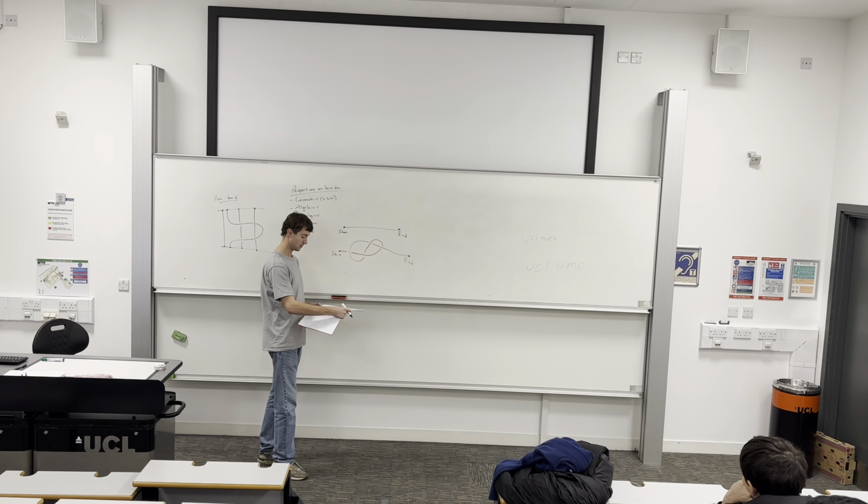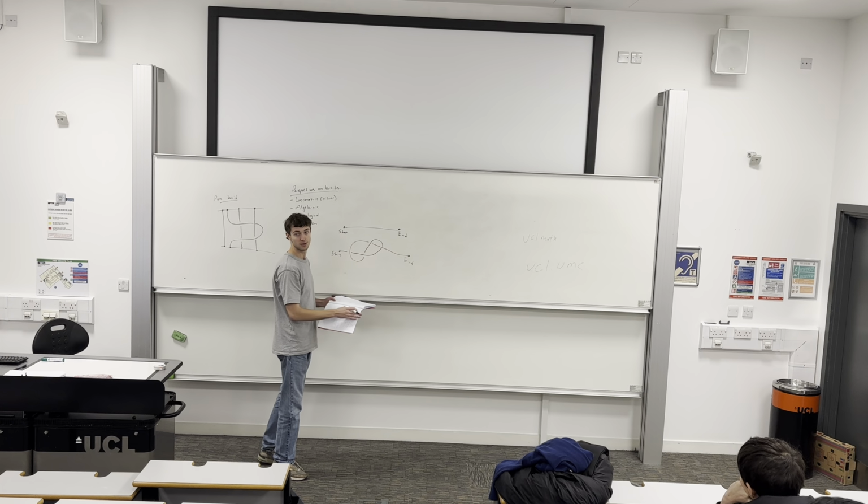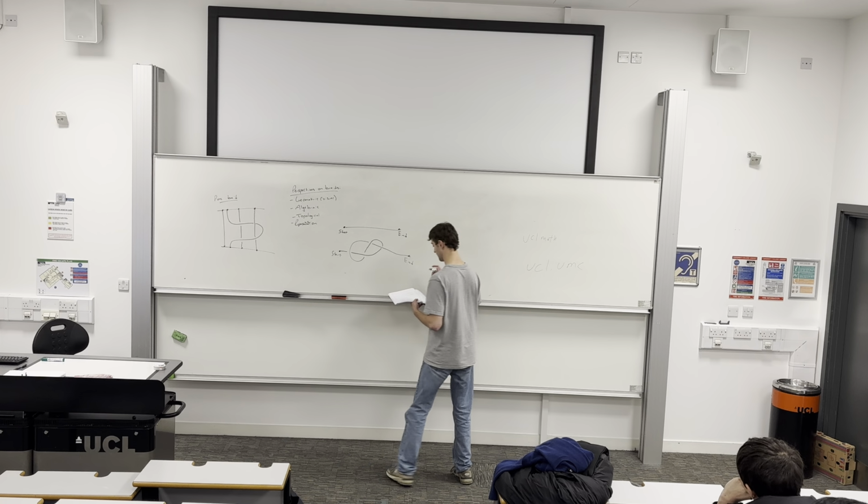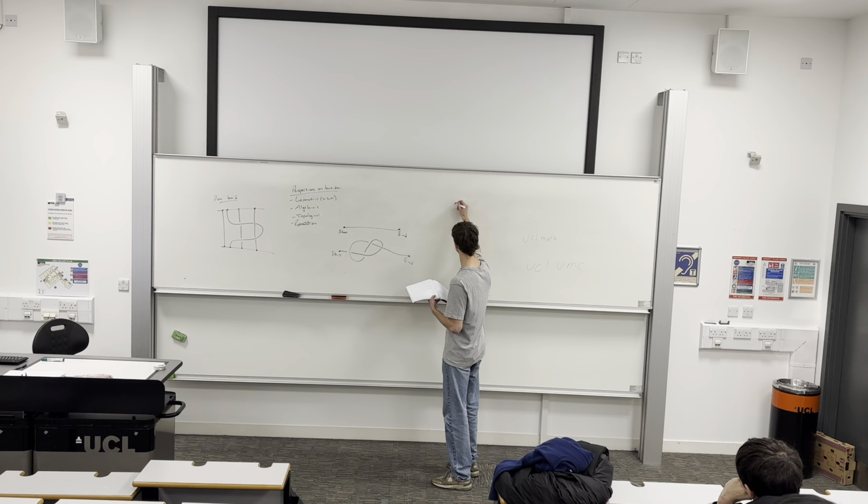There's a million different knots that you can have. The most basic one is this, and this is called the trefoil knot because it kind of looks like a clover.